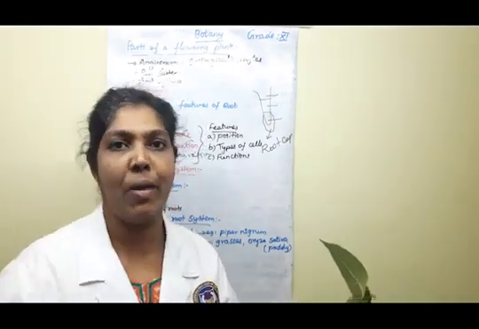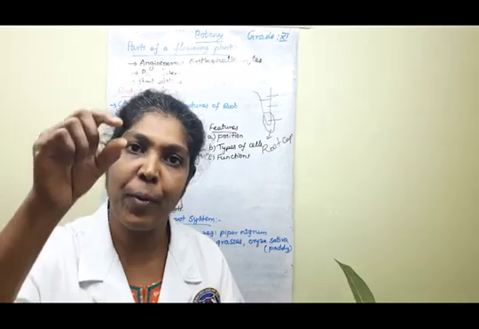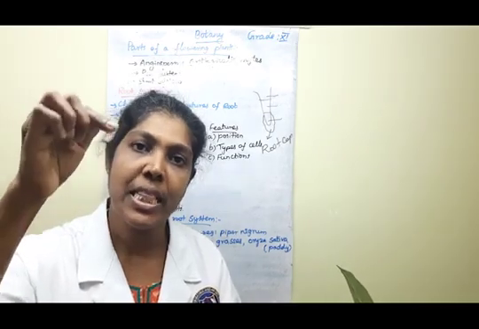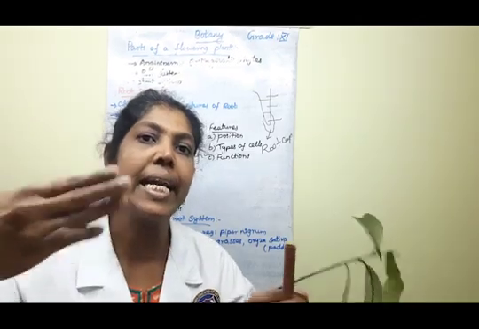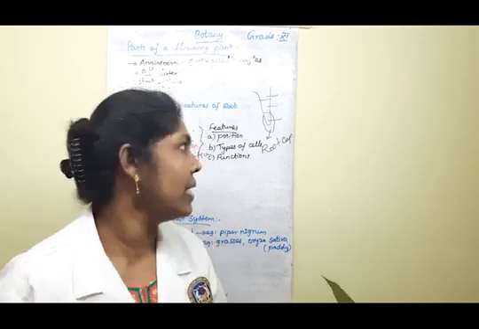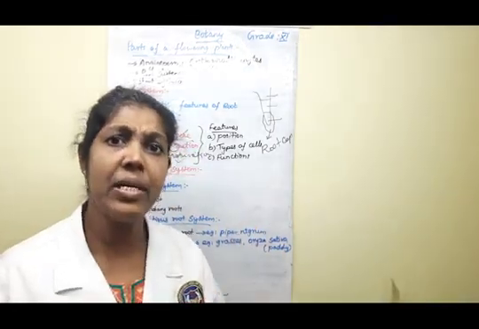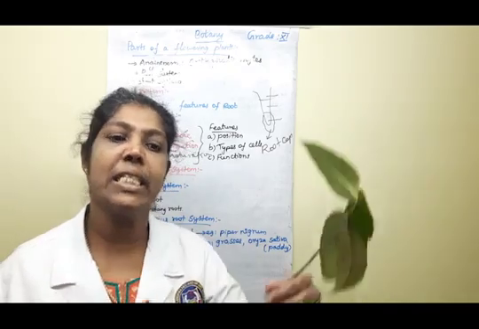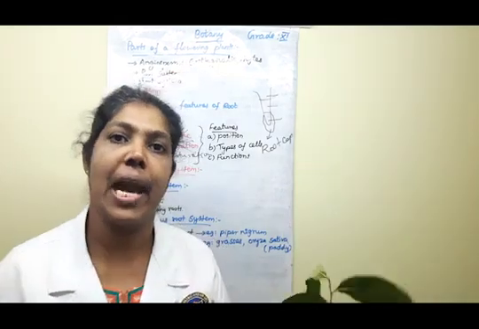The meristematic cells are divisible, so they continuously increase in number. Understood? Say yes or no? Yes.